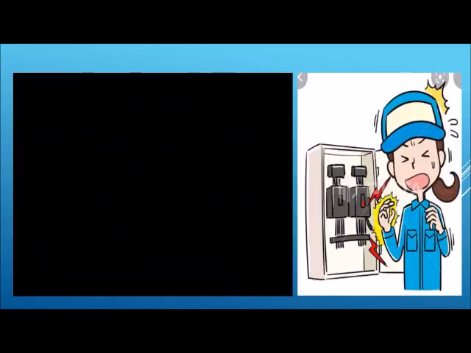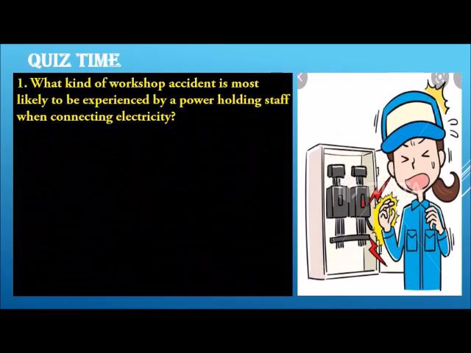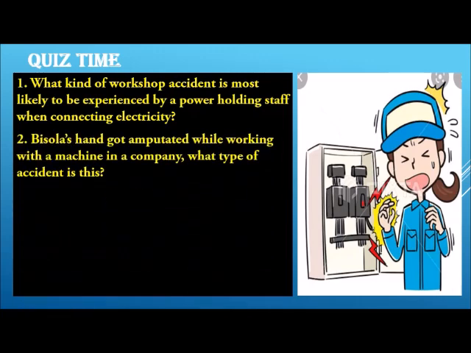The quiz time. The first question I have here is, what kind of workshop accident is most likely to be experienced by a power holding staff when connecting electricity? The second question I have is, Bisola's hand got amputated while working with a machine in a company.